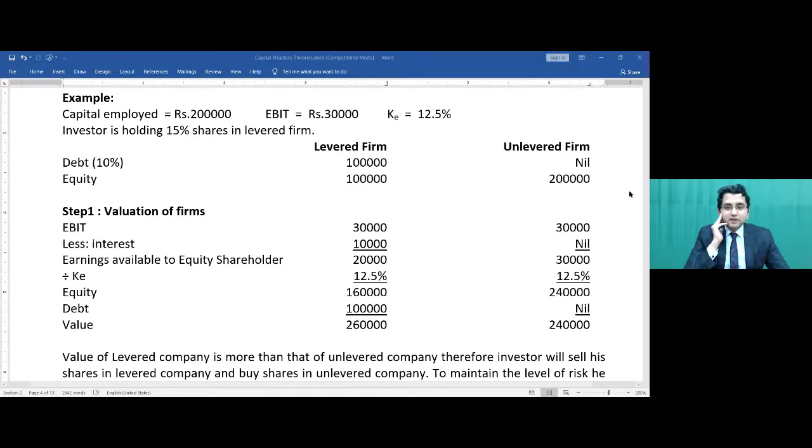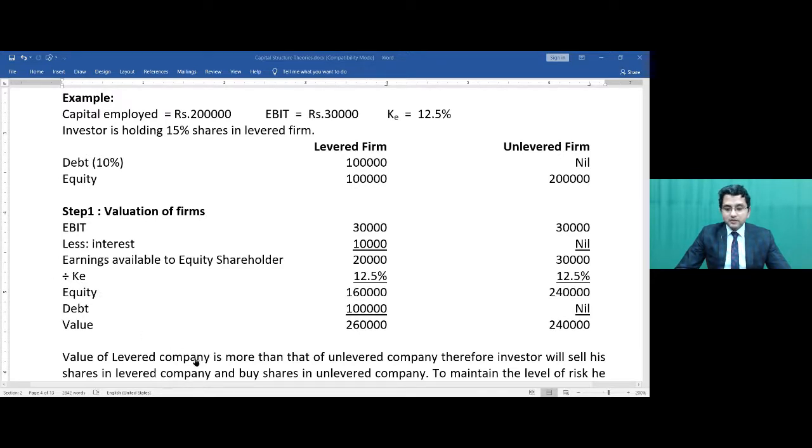So actually after step number 1, we can see disequilibrium. Levered company has a value of 2,60,000, while unlevered company has a value of 2,40,000 rupees.